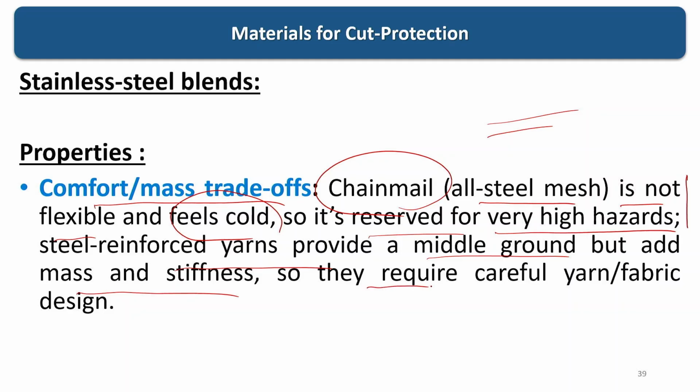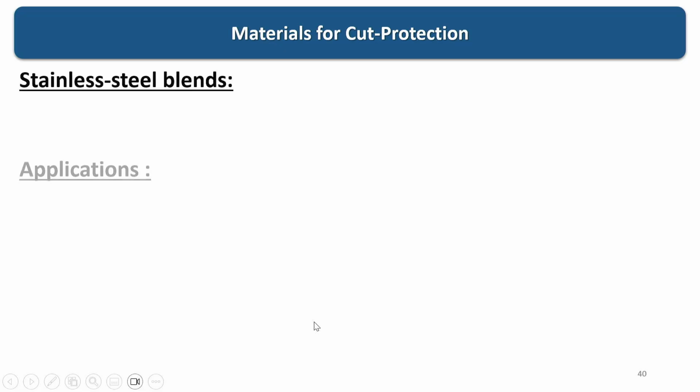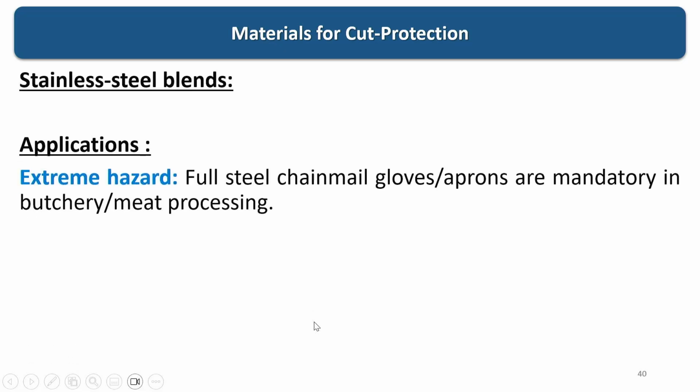So, careful yarn engineering is required. Main applications of stainless steel and blends are where extreme hazard is there. So, full steel chainmail gloves or aprons are mandatory in butchery and meat processing, where extreme cut threats are there.